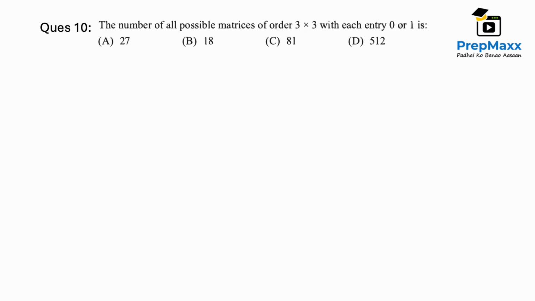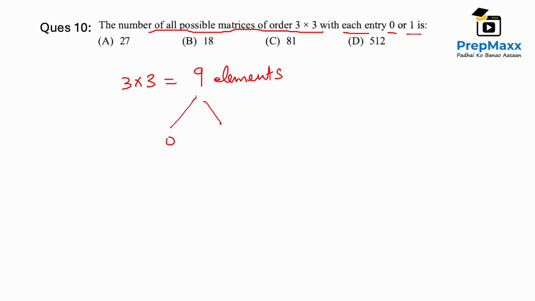In this question we have to find the number of all possible matrices of order 3 by 3 in which the entry is either 0 or 1, which means the elements must be either 0 or 1. So in a 3 by 3 matrix, there are a total of 9 elements, right? And each of these 9 elements can take either a value of 0 or 1.